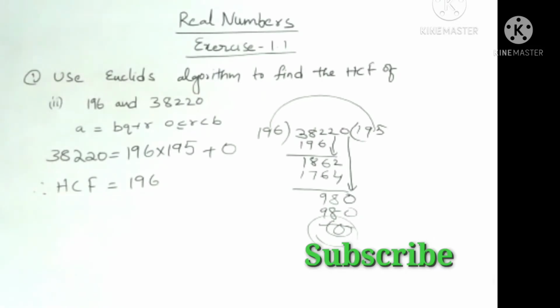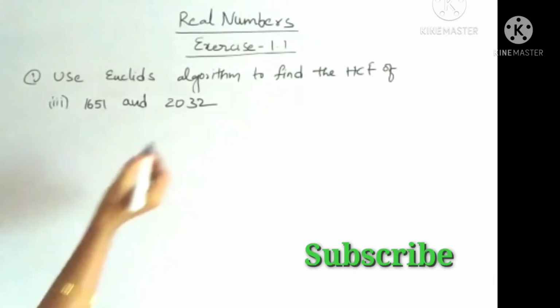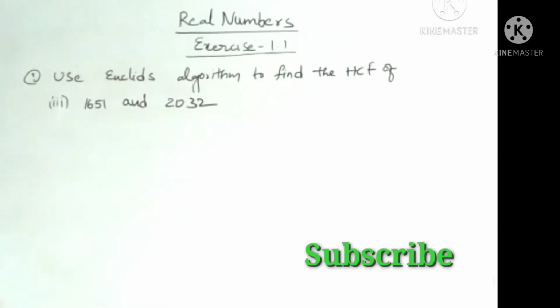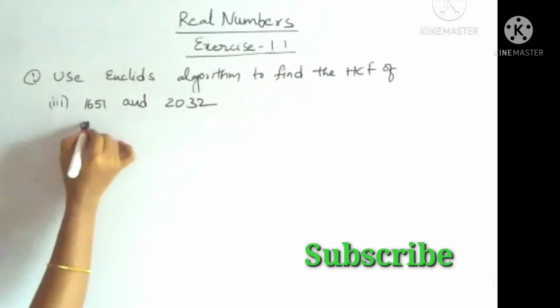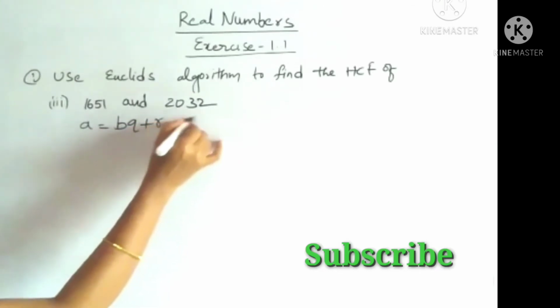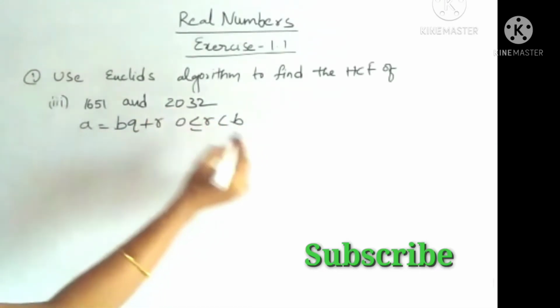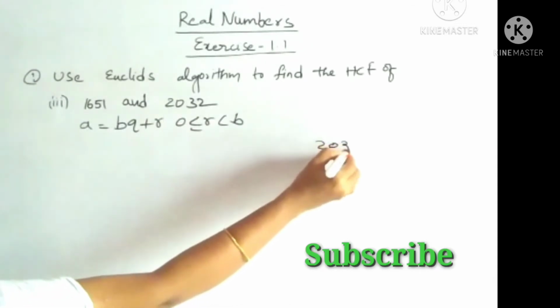The third one in the same question: find the HCF of 1651 and 2032. First, by Euclid algorithm, A is equal to BQ plus R, 0 less than or equal to R less than B. Here the big number is 2032, and the small number is 1651.